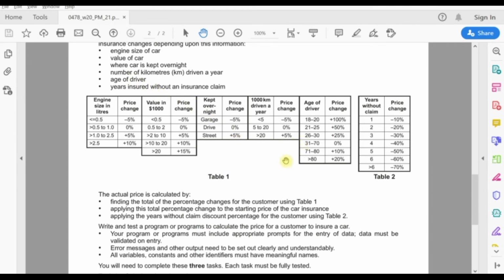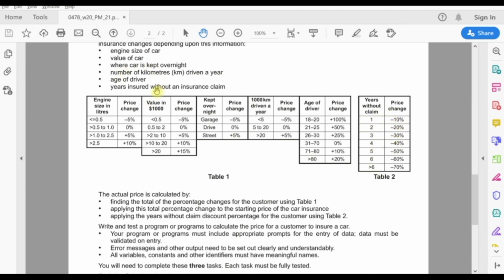Okay, if you noticed that we only calculated the price to insure without the years without claim. So after calculating the price to insure for this table 1, we need also to calculate the overall price after multiplying by one of these values.